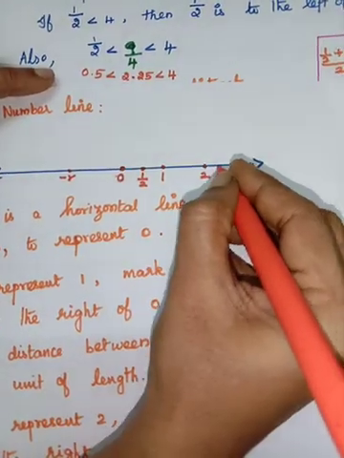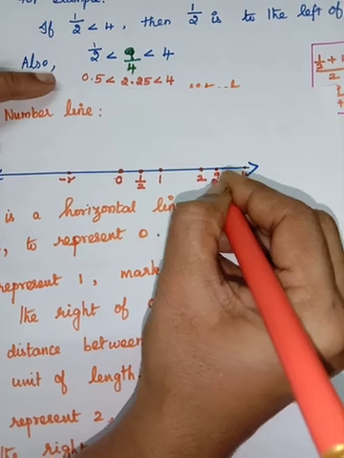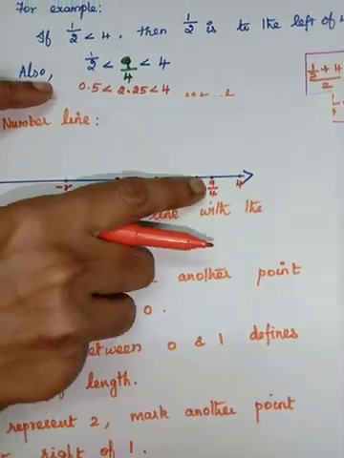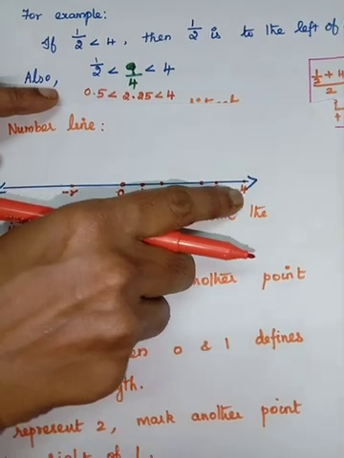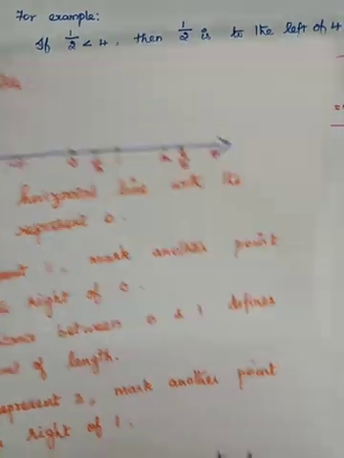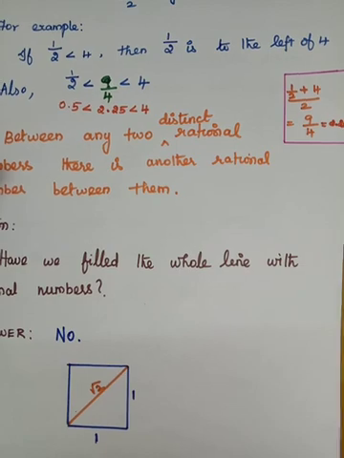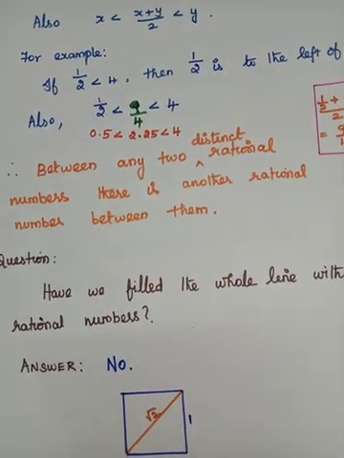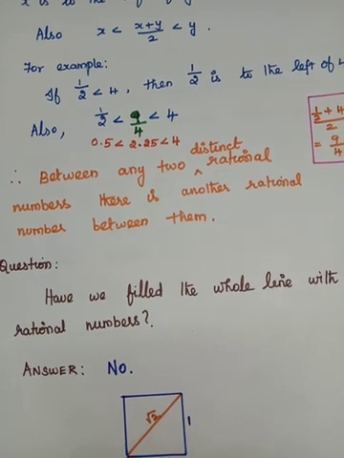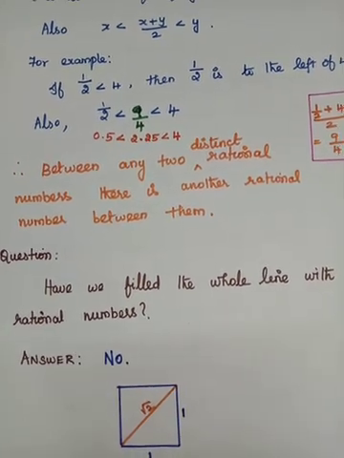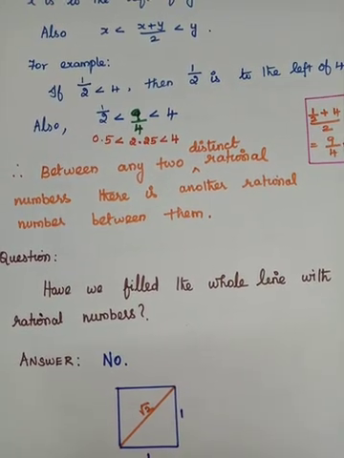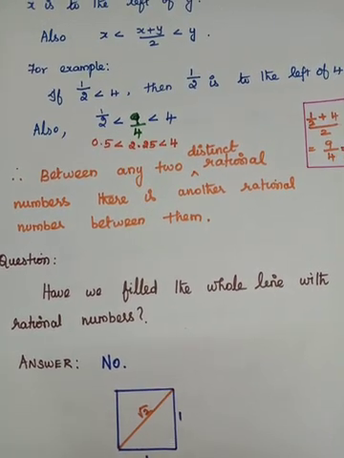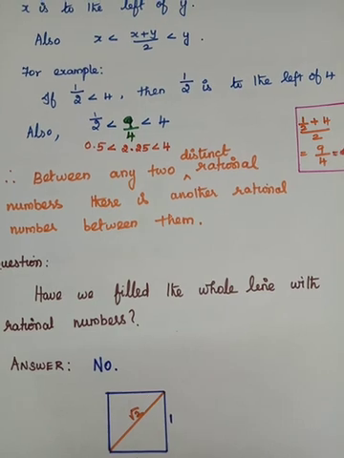So it will be here, 2.25, that is 9 by 4. So 1 by 2 is less than 9 by 4, which is less than 4. So from this, what we are concluding is that between any two distinct rational numbers there is another rational number between them.